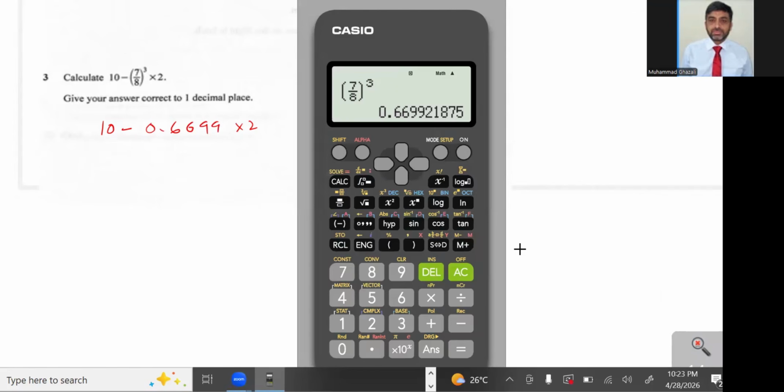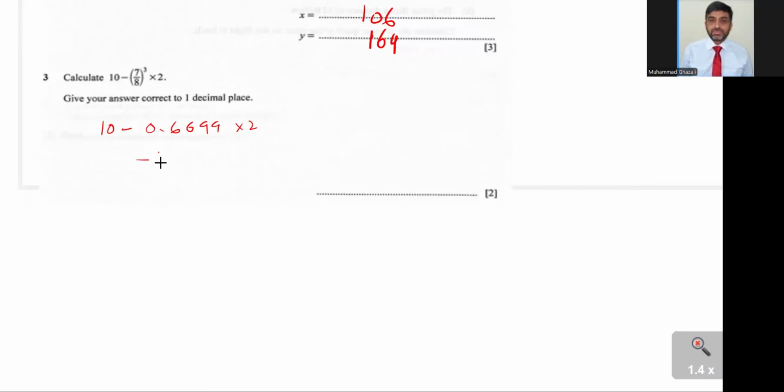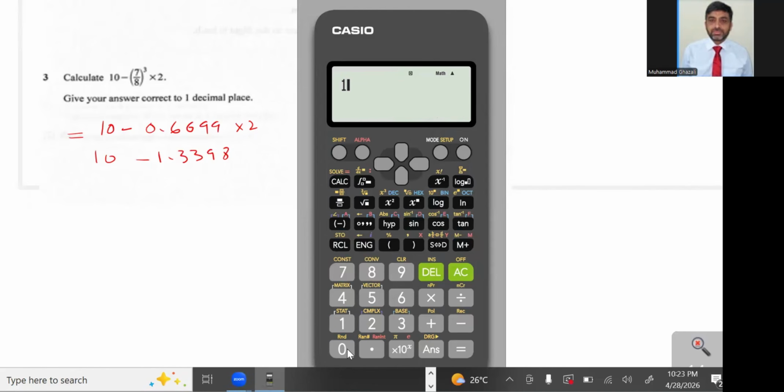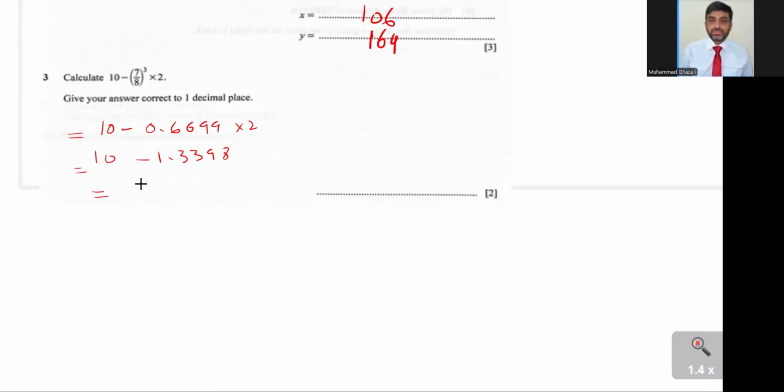We will multiply this value by 2. We get 1.398. After multiplying, we get 10 minus 1.398. We will subtract this from 10. This is equal to 8.602, so 8.6. This is the answer.